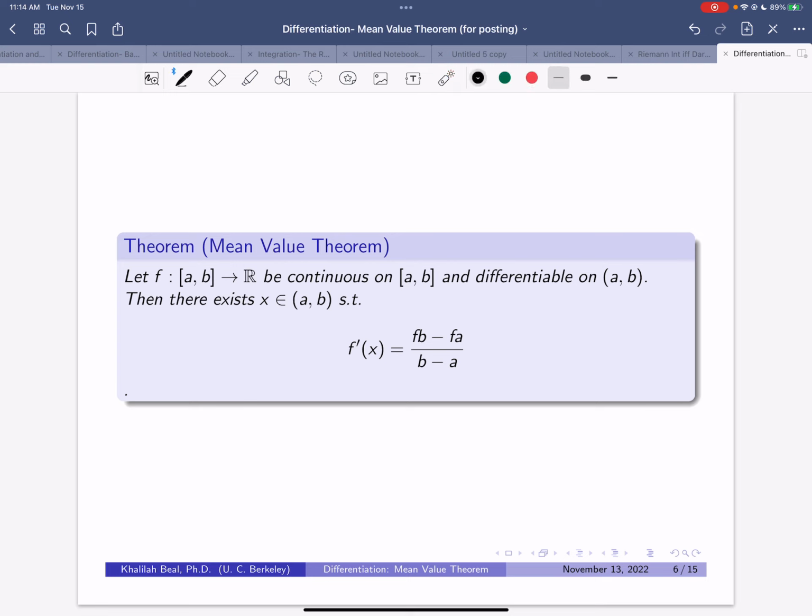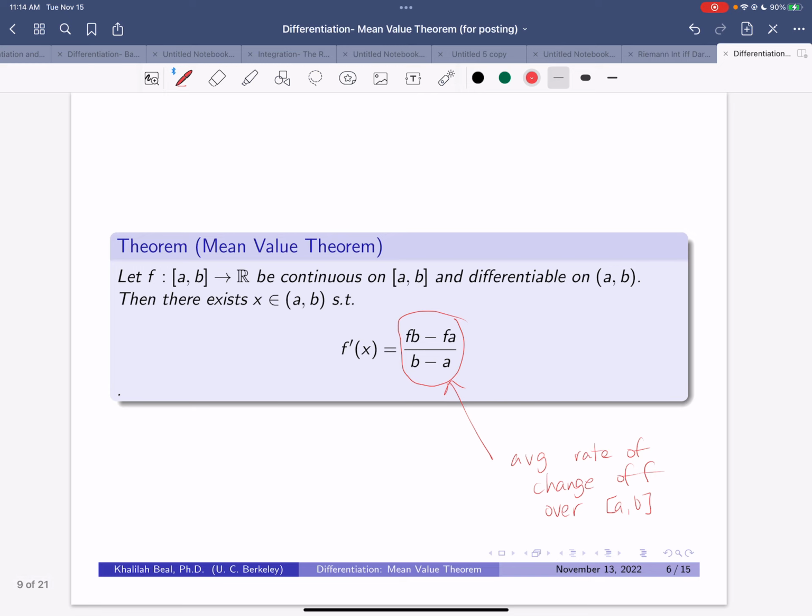This is also known as the average rate of change of our function over the interval [a, b], right?